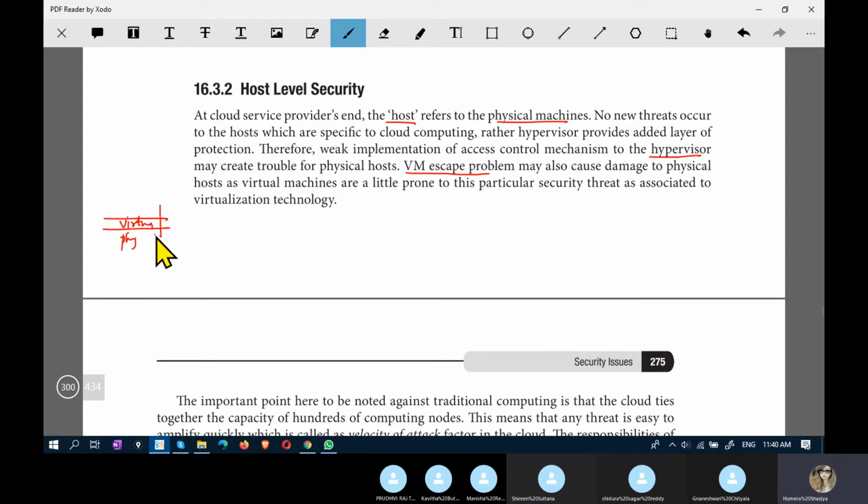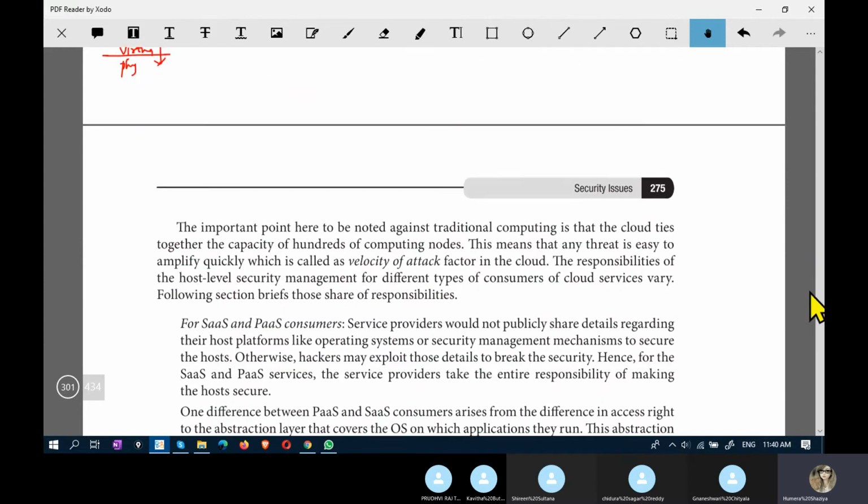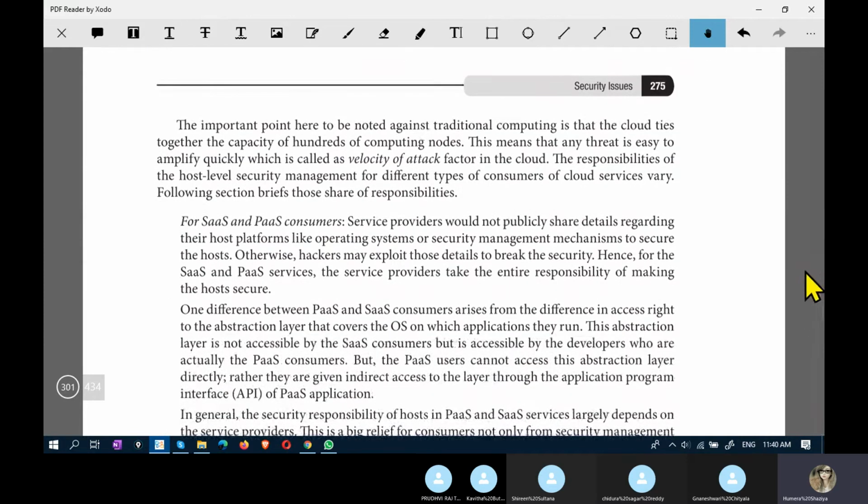They just bypass this and obtain access to the physical. This is the VM escape problem. Generally, the virtualization layer which has a hypervisor is quite strong and does not allow anyone to access physical resources.